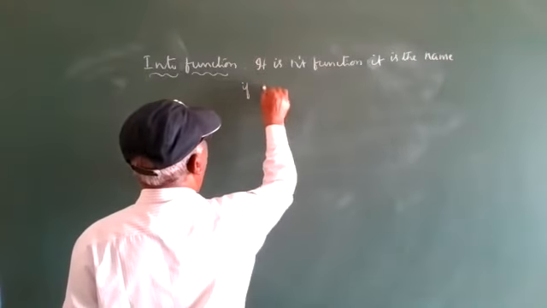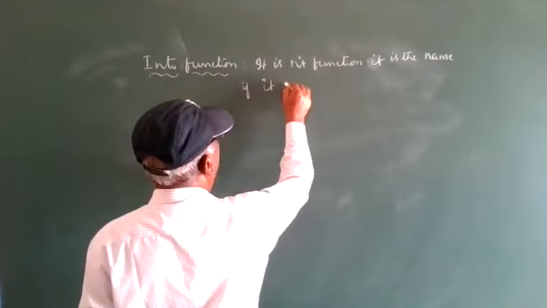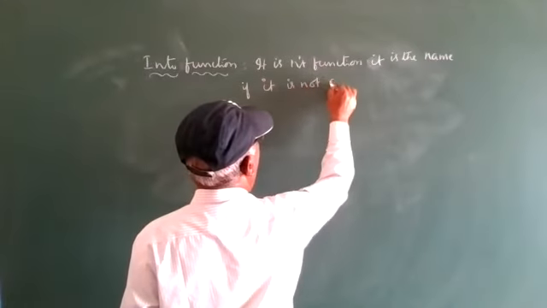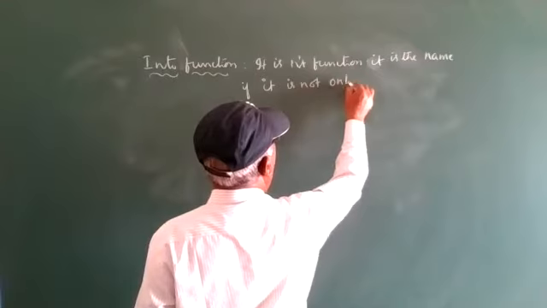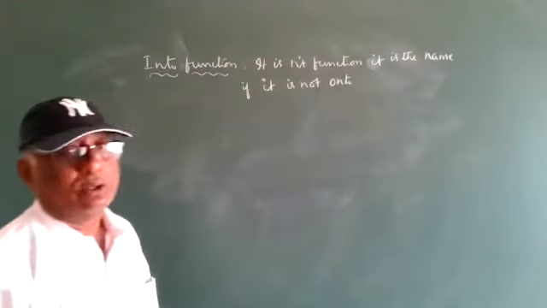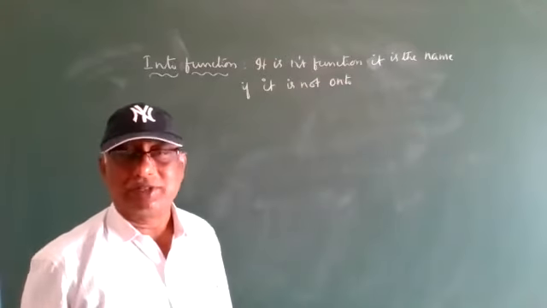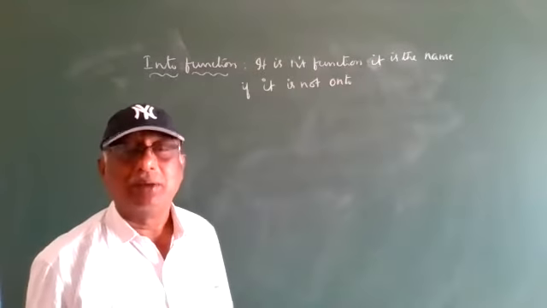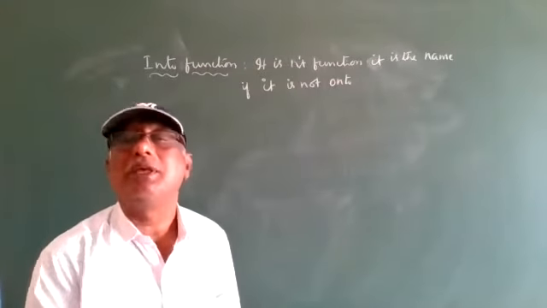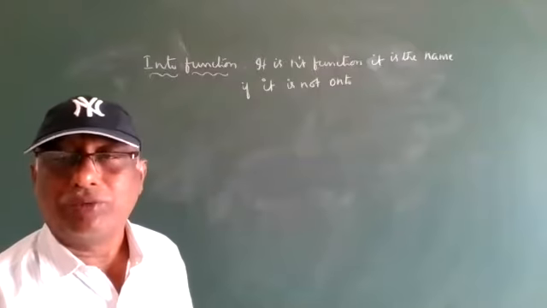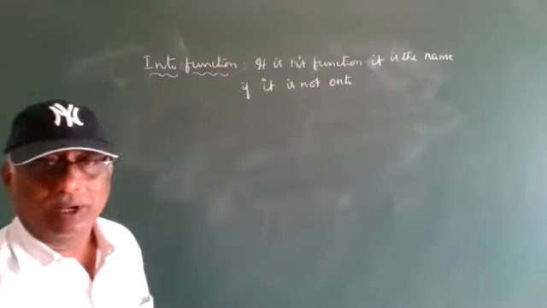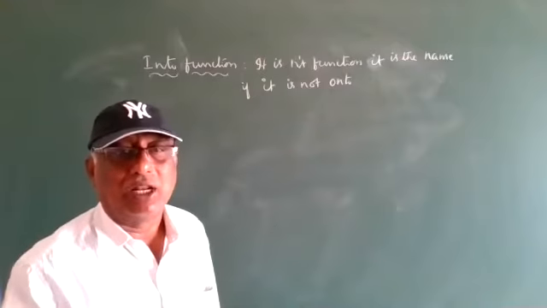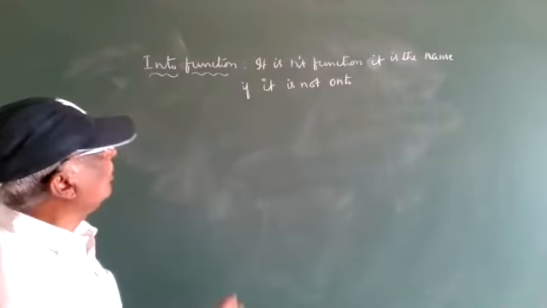If it is not onto, I can say it is into, and it may also be some other function, which is also correct. But if it is not onto, we say it is an into function, just for name's sake. It is not the name of a function. No condition, nothing.